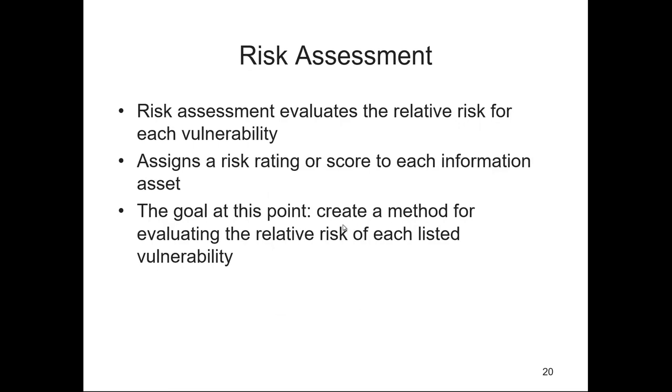Based on all the previous analysis and documentation, we can determine the relative risk for each of the vulnerabilities through a process called risk assessment. Risk assessment assigns a risk rating or score to each specific information asset, which is useful in gauging the relative risk introduced by each vulnerable information asset and making comparative ratings later in the risk control process.